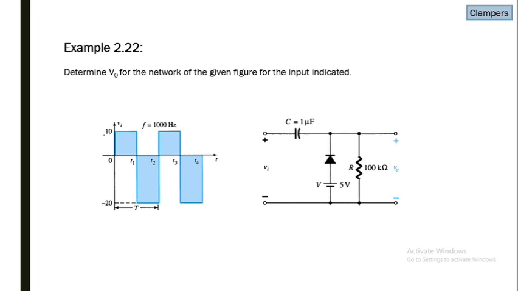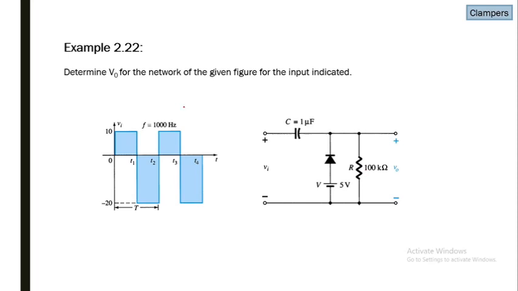We apply this input signal given in this diagram to this clamper circuit, and we get output against this R resistor, which is a 100 kilo ohm resistor.